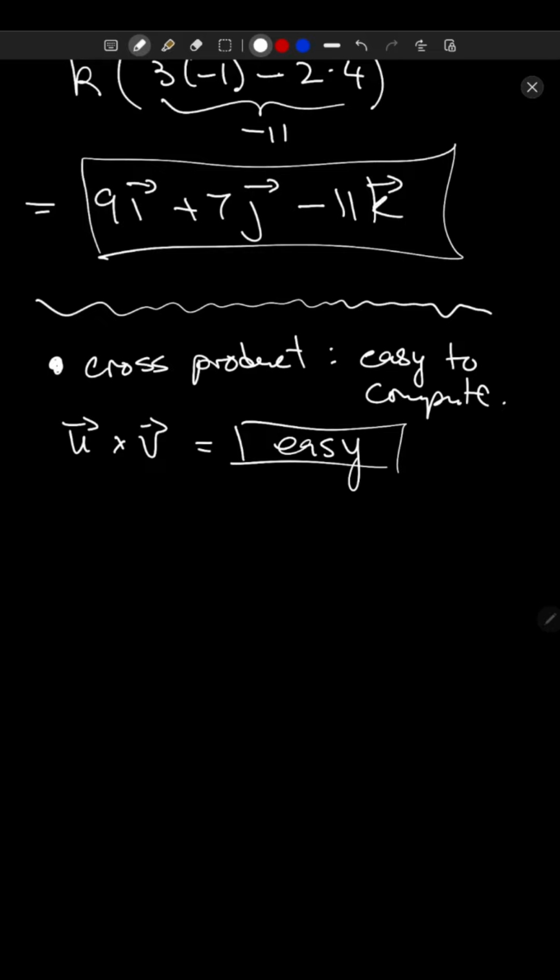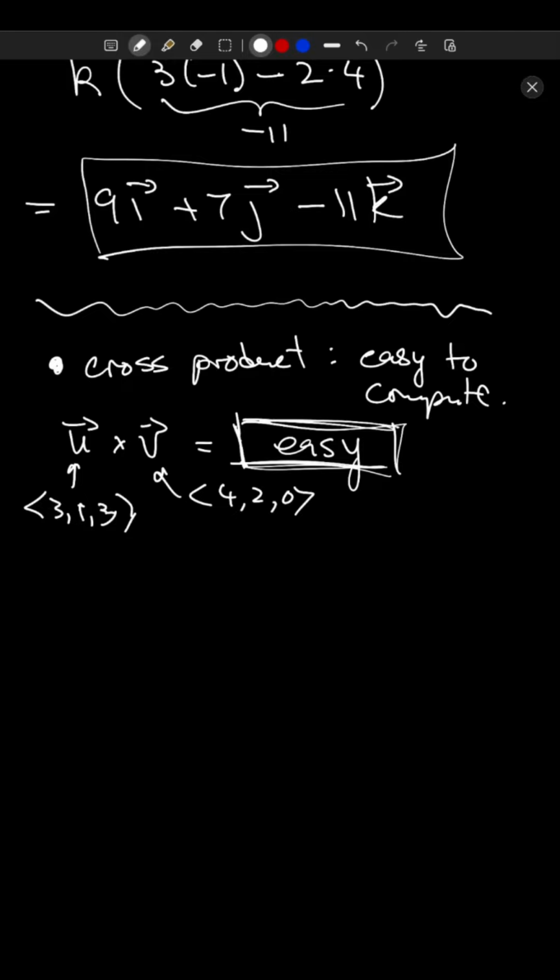What I mean is, of course, if I give you these in terms of actual vectors, 3, 1, 3 and then 4, 2, 0, whatever. If I gave you the actual coordinates or the actual descriptions of these vectors, the cross product is super easy to compute. It takes a little bit of time, but in terms of how much math knowledge you need, pretty much none. So easy.